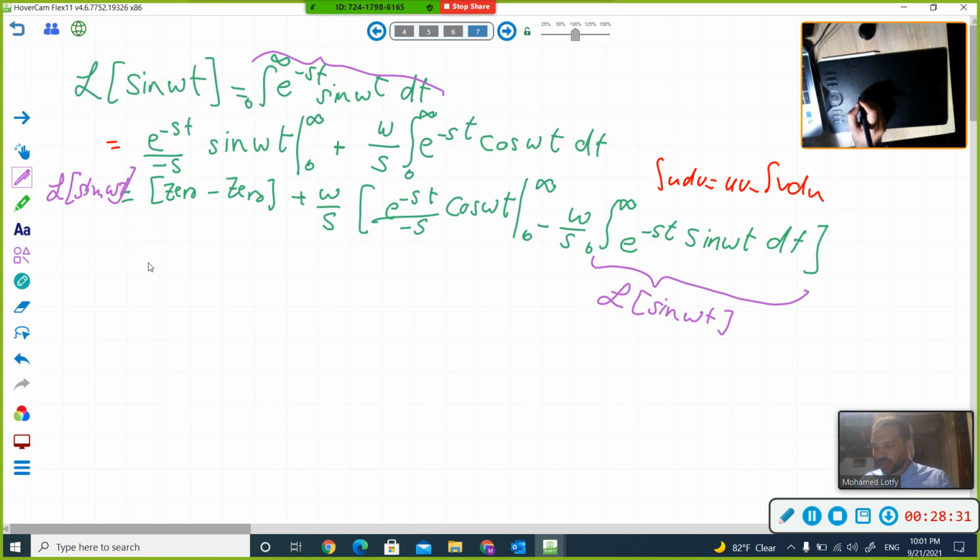It will be Laplace of sine omega t is 1, and that one, we will change its sign because we will pull it to the left hand side, so it will be plus omega over s times that one, and it is multiplied again by omega over s, so it will be omega squared over s squared.